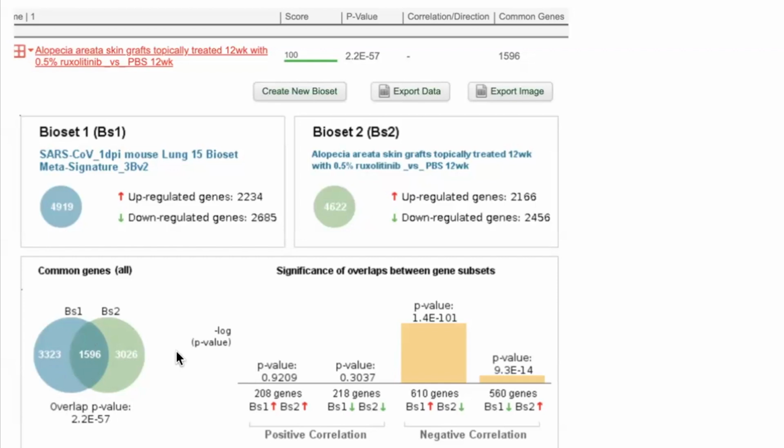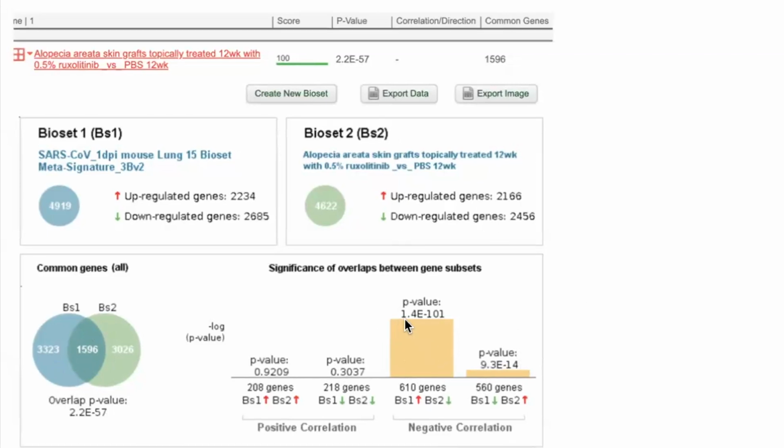But that's not the interesting part. It's that the genes that go up in our study or our profiles go down in their drug study and vice versa. If it goes down in their drug study, it goes up in ours. And the probability of that happening, I mean, this one's 1.4 times 10 to the negative 101.